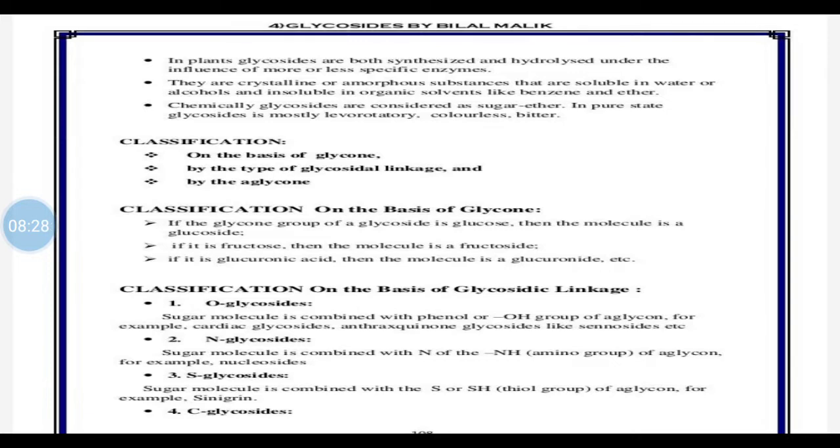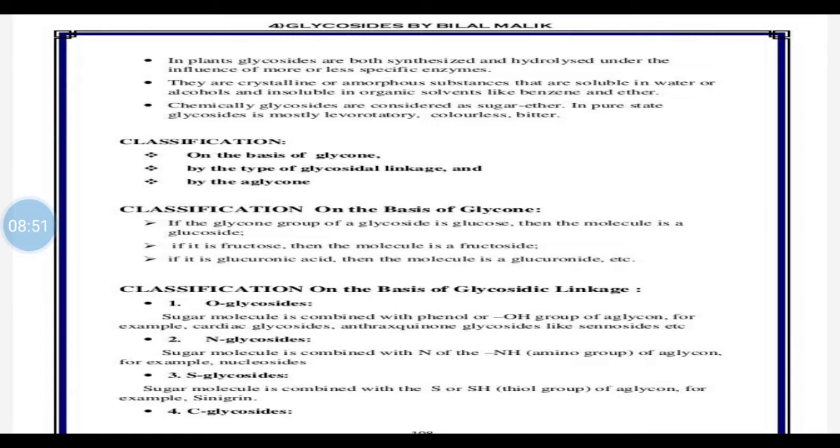Now, these glycosides in plants are synthesized and hydrolyzed under the influence of some or other enzymes. So enzymes play an important role in their synthesis and hydrolysis.